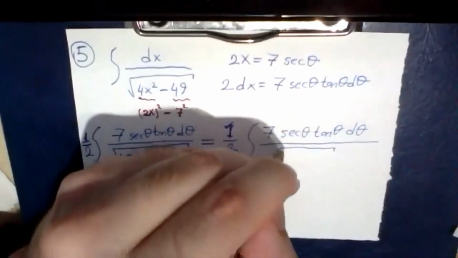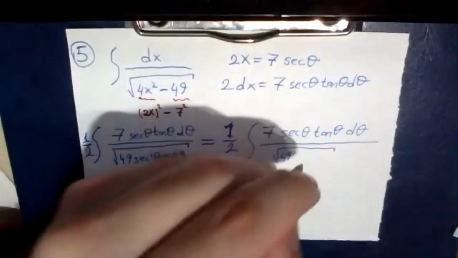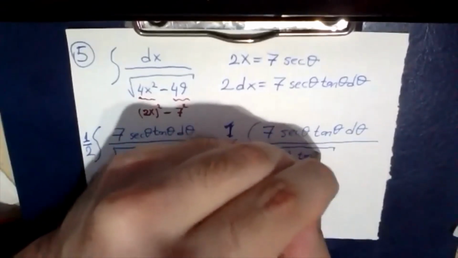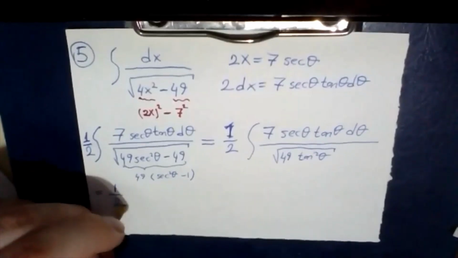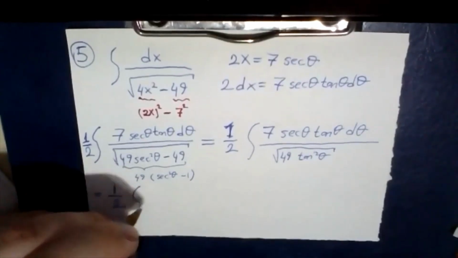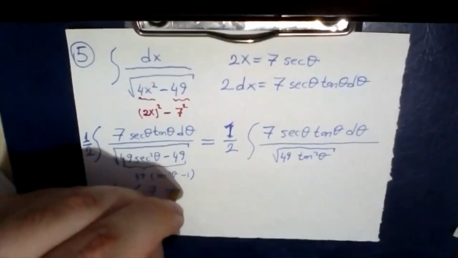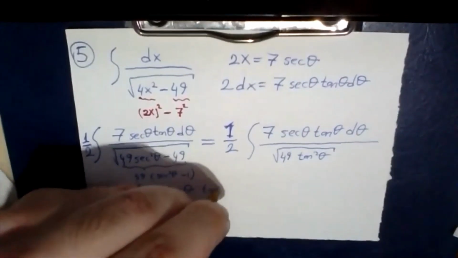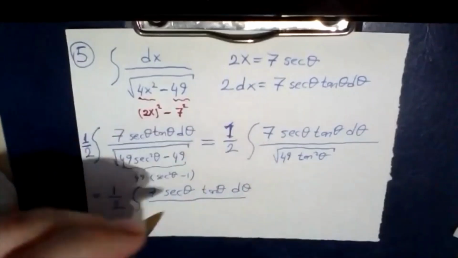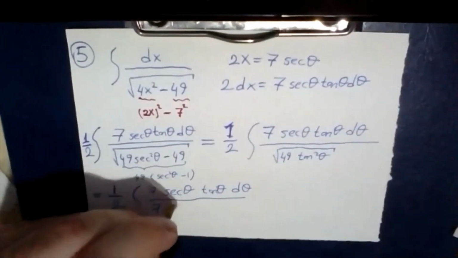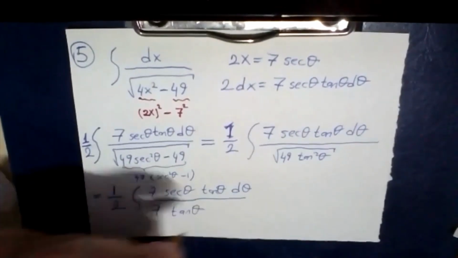the square root of 49 times tangent square theta, which is equal to 1 over 2 times 7 times secant theta times tangent theta d theta over the square root of 49, which is 7, times the square root of tangent square, which is tangent.